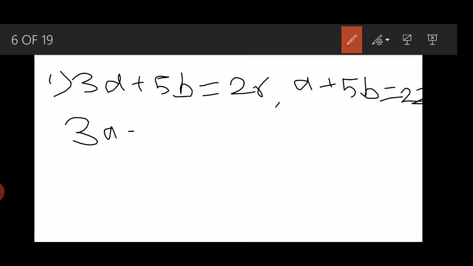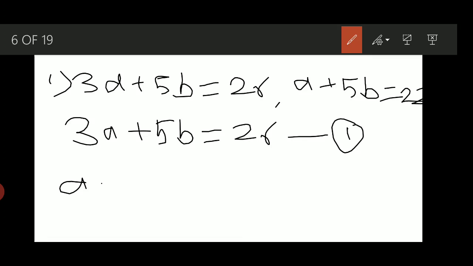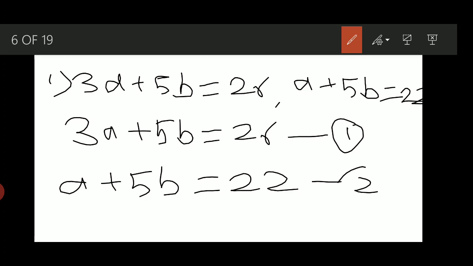3a plus 5b is equal to 26. Give this equation number 1. a plus 5b is equal to 22. Give this equation number 2. Now see here, in equations 1 and 2, the coefficients of a are 3 and 1 and the coefficients of b are 5, 5. That means the coefficients of b are equal.